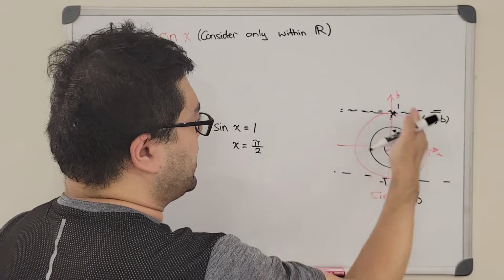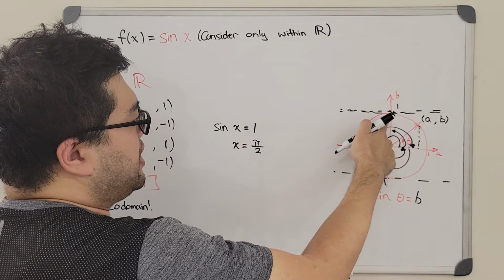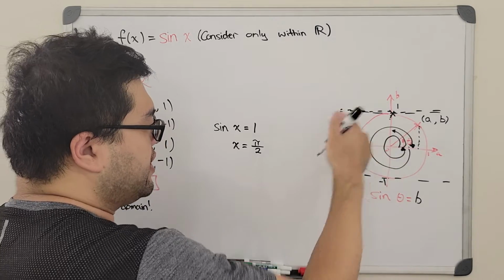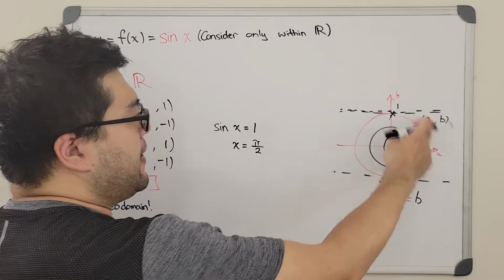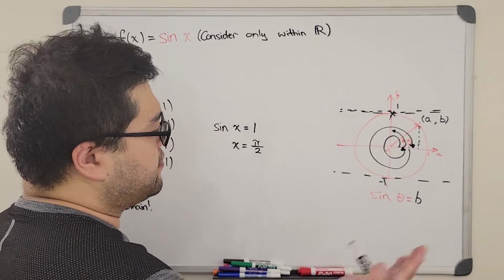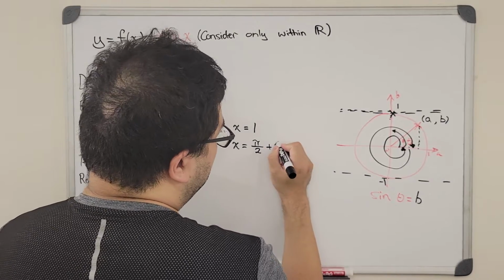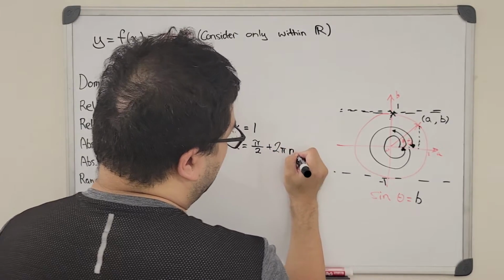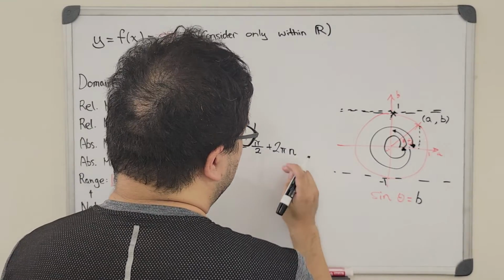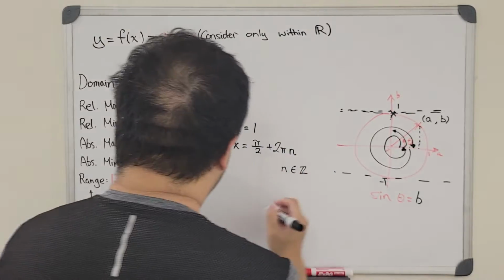And when we consider that, one point is actually including many different values, and in fact it gets overlaid every time we rotate the angle by 2 pi. So we have to add multiple copies of 2 pi, or we call it 2 pi n, 2n pi, however you want it, where n is any integer.